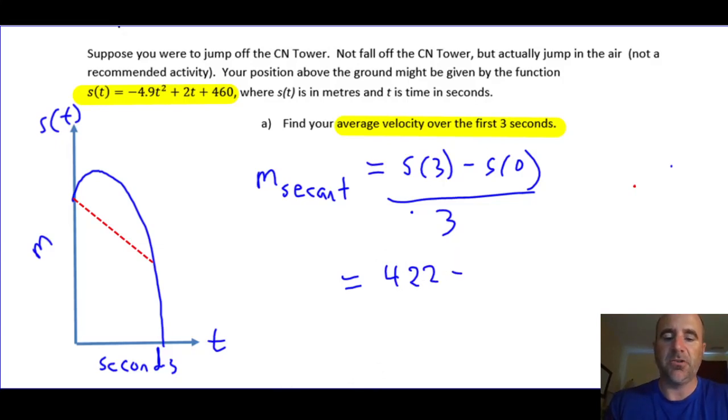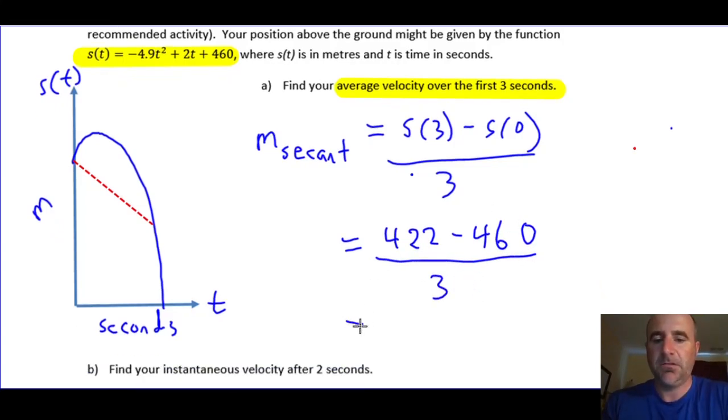And s of 0 is clearly going to be 460. Divided by 3, this gives you about negative 12.7 for the slope of that secant, that red line. Clearly it makes sense that it is negative, and that's your average velocity over the first 3 seconds.